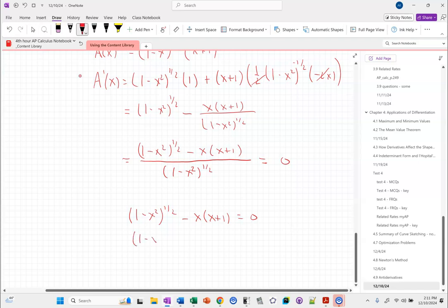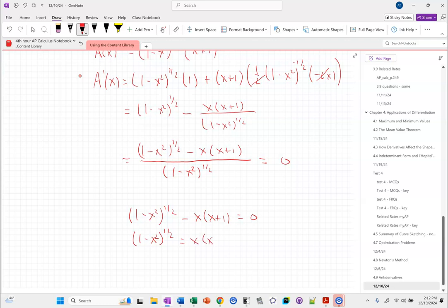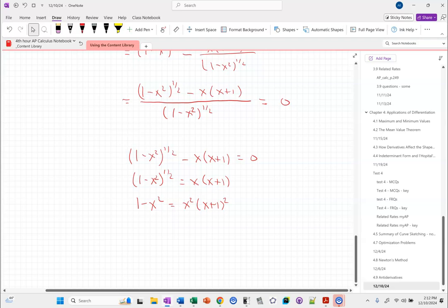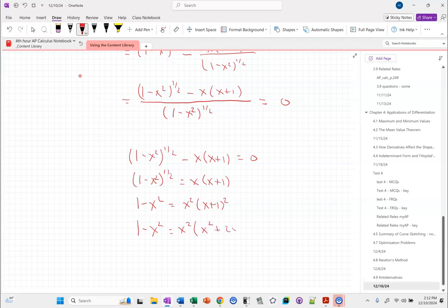To solve this by hand, I'm going to add that non-radical stuff to the other side, so when I square both sides, I don't have to FOIL anything. And I will FOIL that piece out, and then distribute my x squared through.